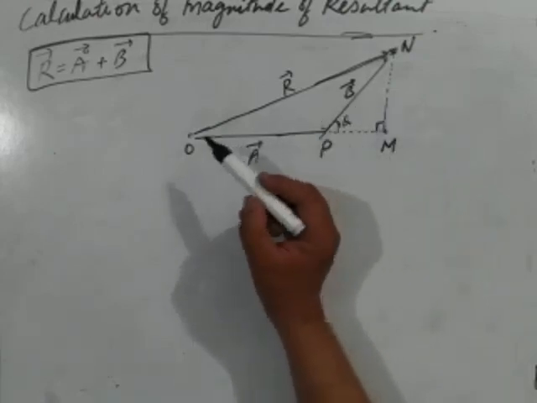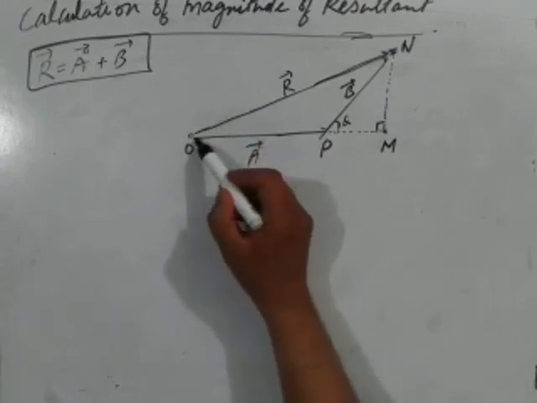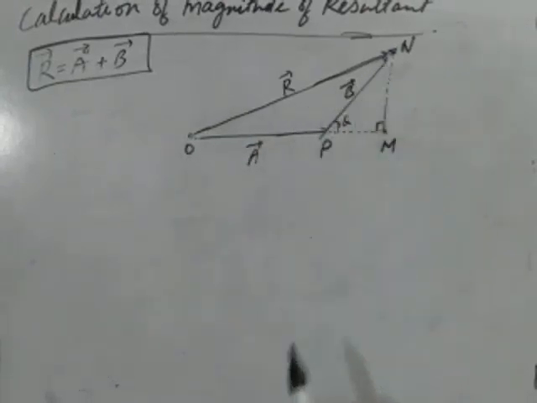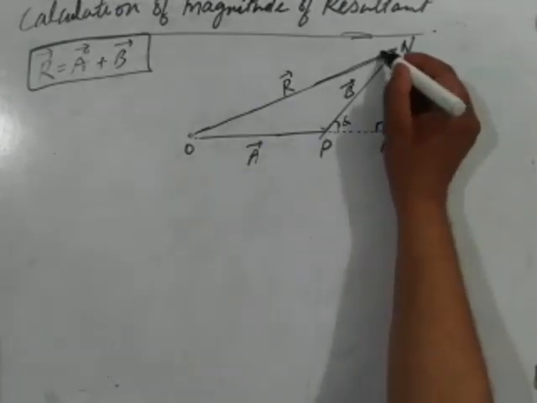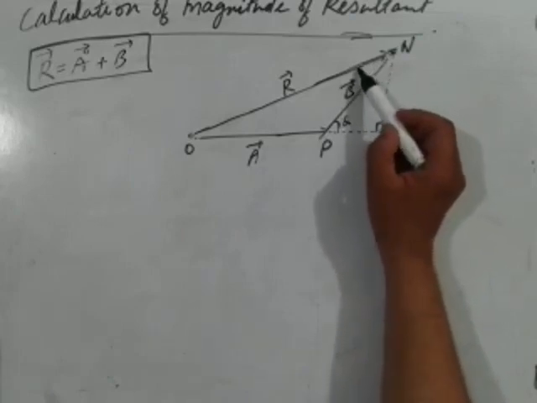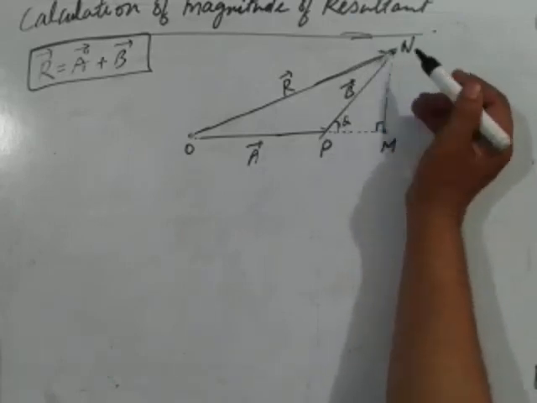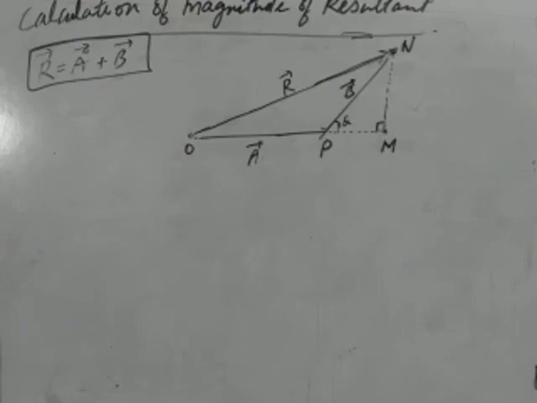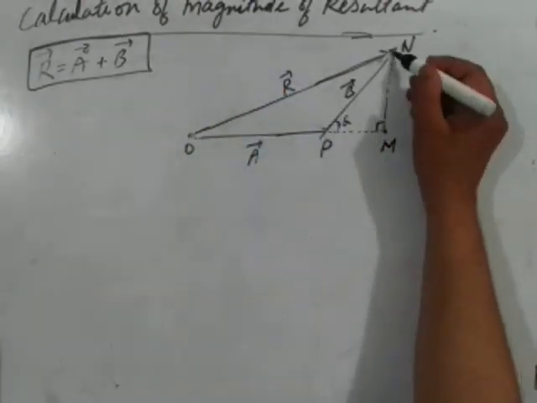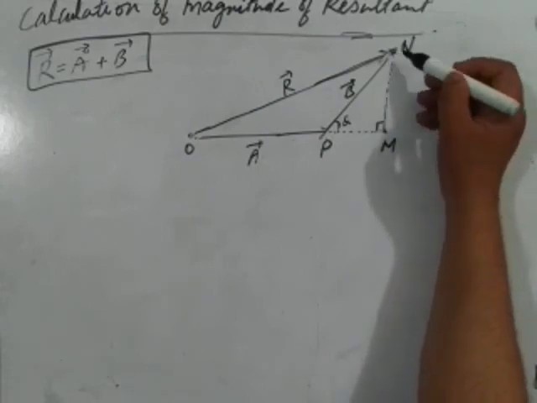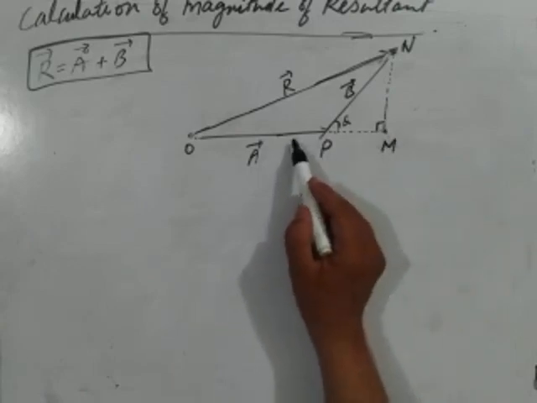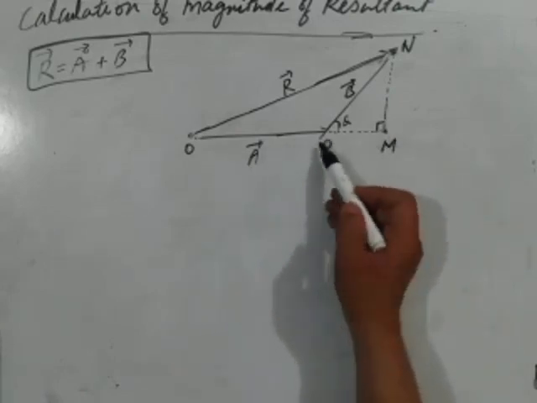Then the closing side, that is the third side, gives the resultant of these two vectors taken in opposite order. So the direction of the resultant will be along this vector. Now to find out the magnitude of this resultant, we have just drawn a perpendicular from this point at this point joining the line coming from OP.